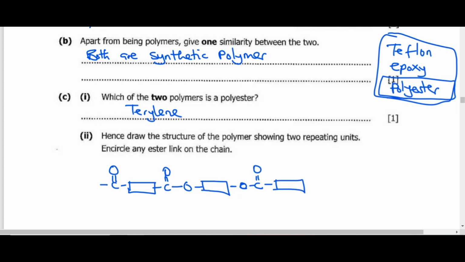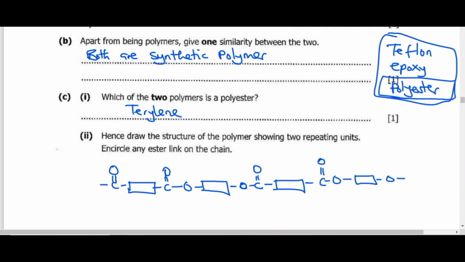Yes, so again we write C, then here it is C double bond O, and then we have O there, and then we have also another O there. So it can be going just like that.